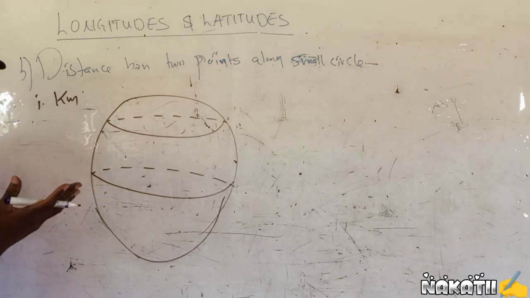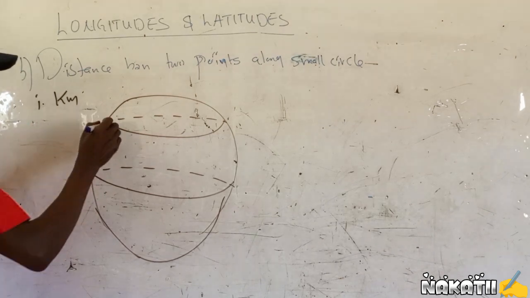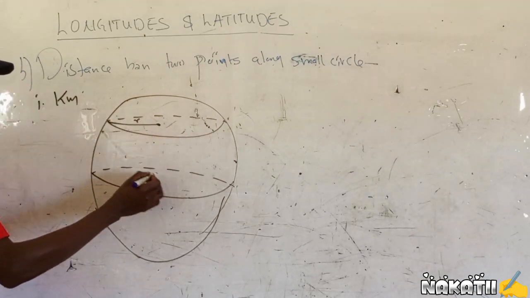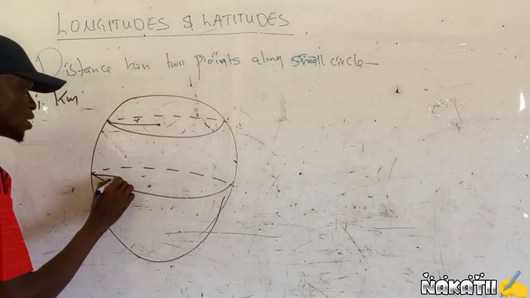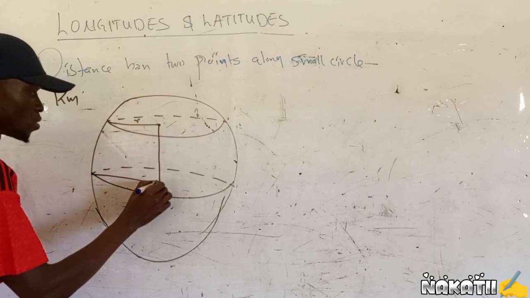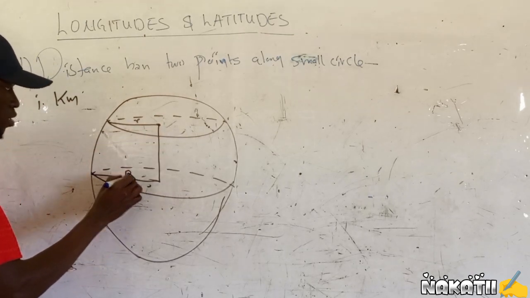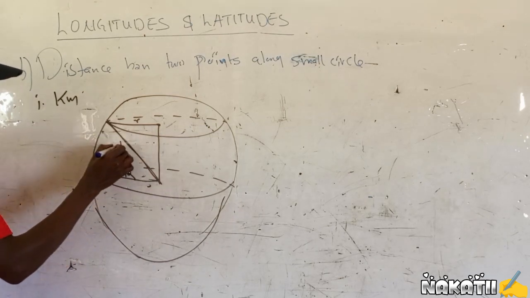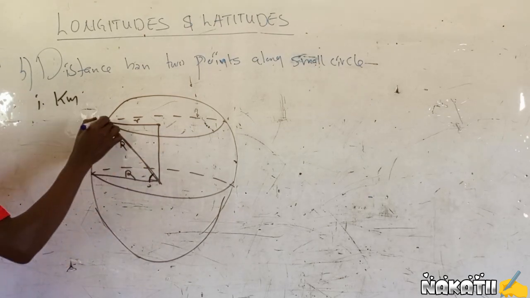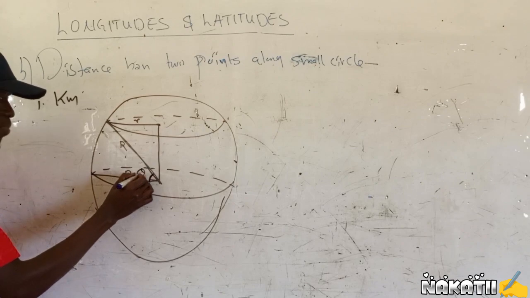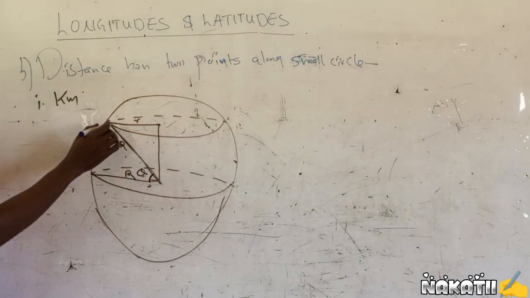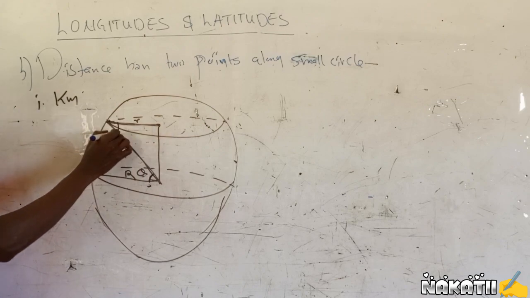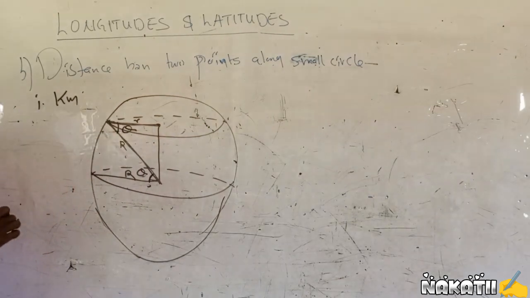Now for small circles, the radius are different. If this one is r, the radius of this circle cannot be equal to the radius of this circle. This one can be capital R. So we can draw a line, and this one is still R. So if this latitude is subtended by theta degrees, then alternating angles, if this angle is theta, then this angle will also be theta.